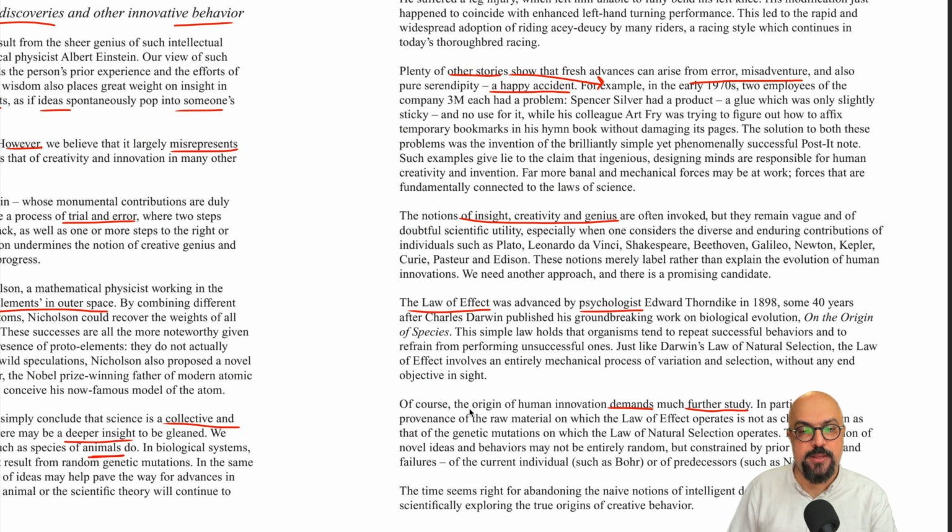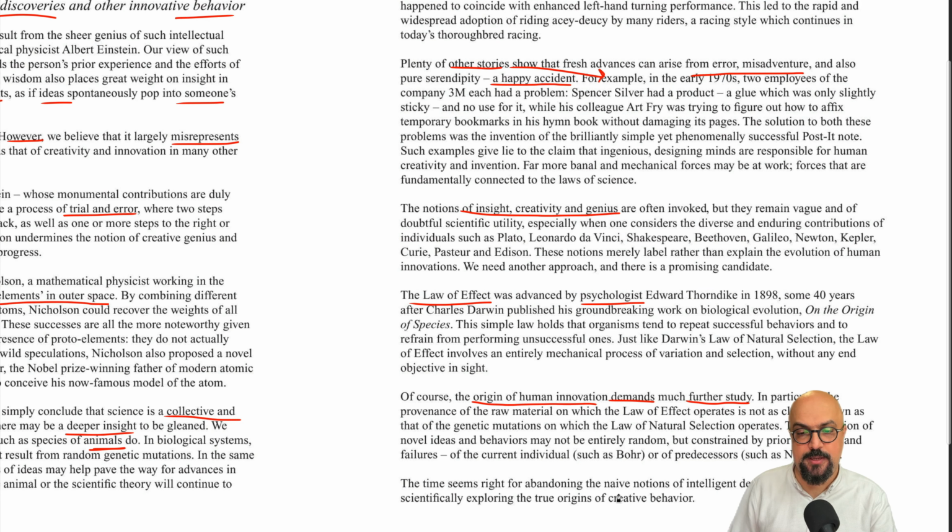So the whole text is about the origin of human innovation. The time seems right for abandoning the naive notions of intelligent design and genius. So we should forget about the intelligent design theory and focus on the true origins of creative behavior.